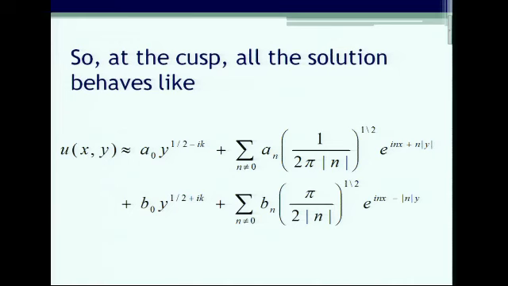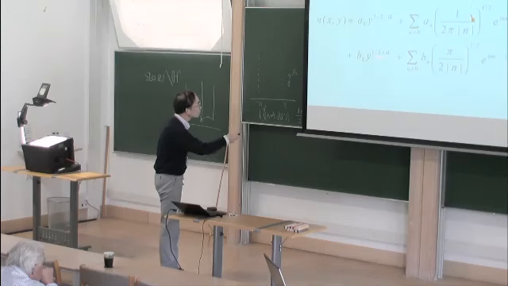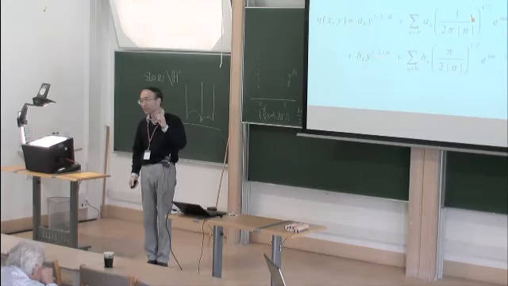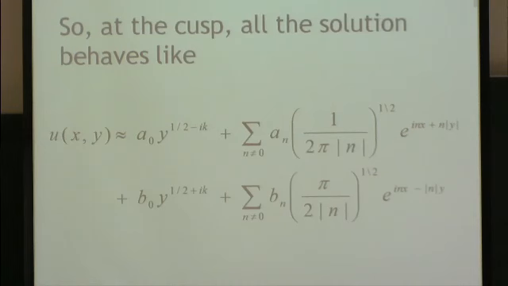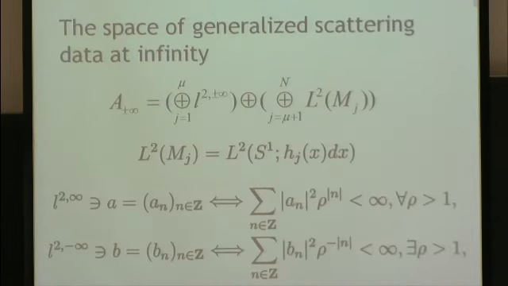And by looking at this part, you define the usual S matrix, the physical S matrix. However, if you look at all the solutions of the Schrödinger equation, you have this exponentially growing part and exponentially decaying part. So you define the space of generalized scattering data at infinity.